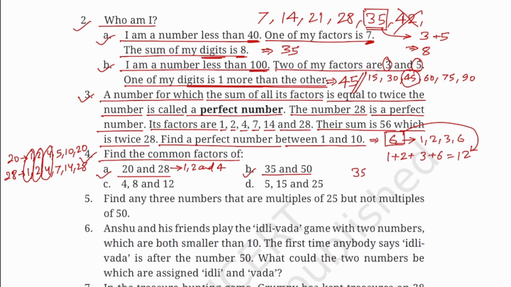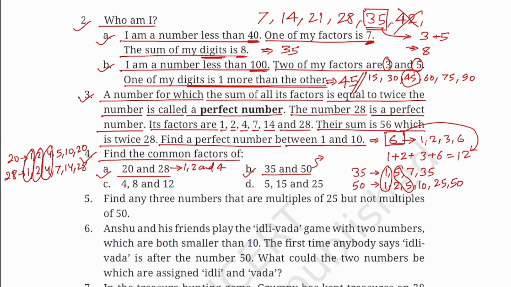Factors of 35, factors of 50, common factors 1 and 5.